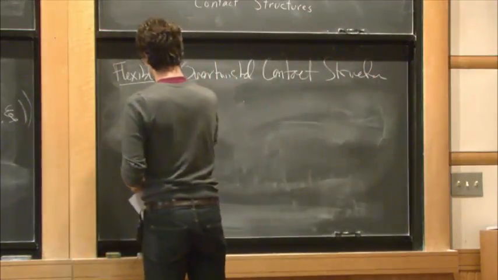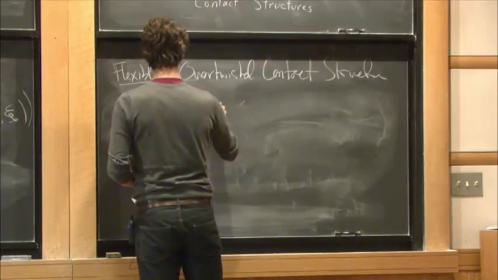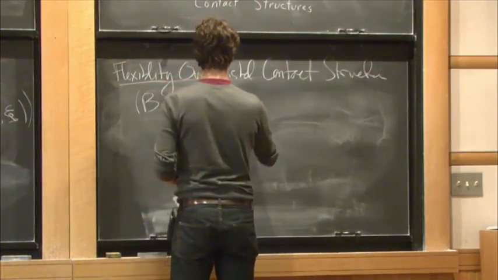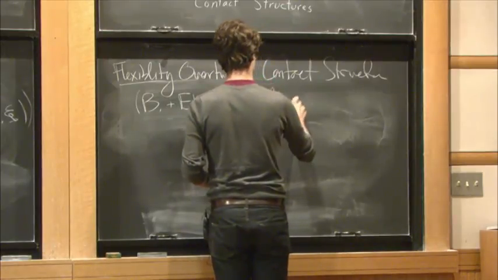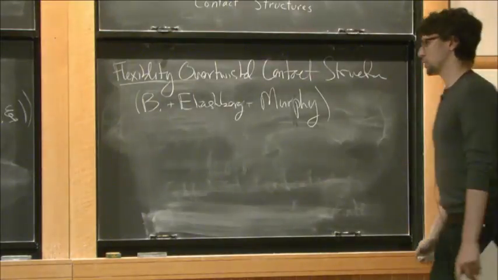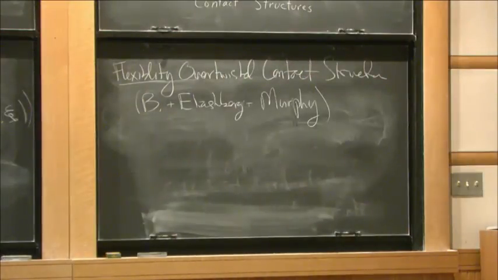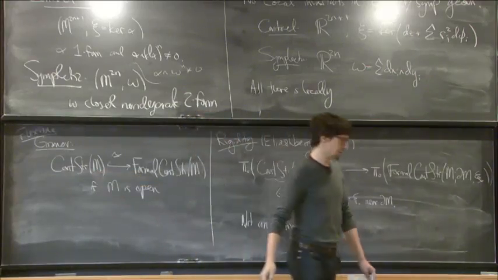And this is myself, Eliashberg and Murphy. And it basically says you can get this if you restrict the contact structures here to a special class of contact structures called overtwisted contact structures.